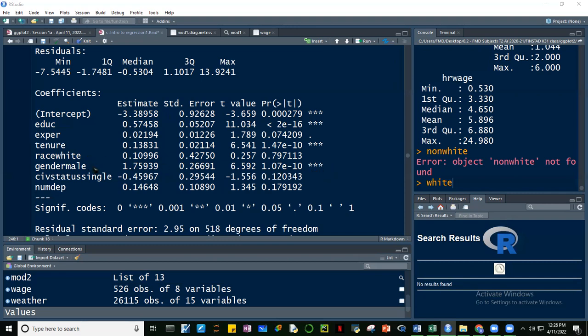On the average, male employees receive $1.8 more than their female employees. Ceteris paribus, all things being equal. Okay. Next, civil status. On the average, single employees receive 0.46 centavos less than their married counterparts, ceteris paribus.